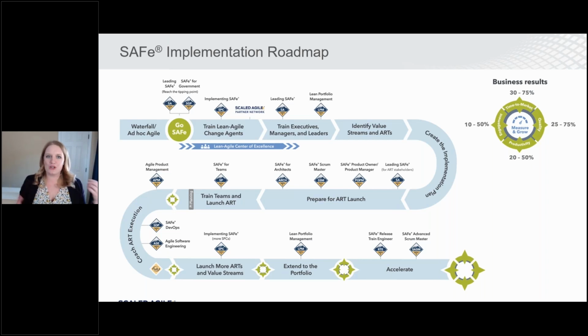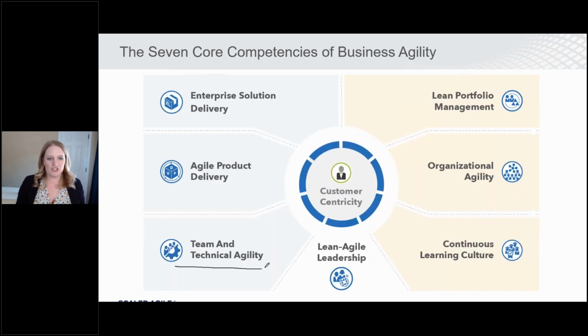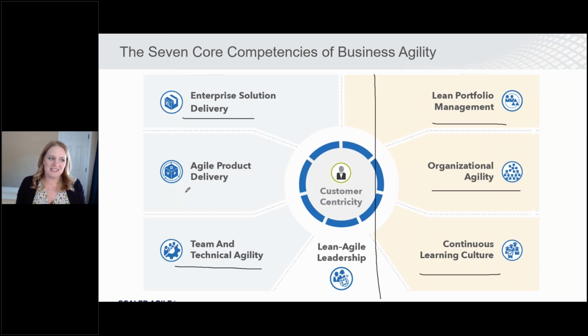We also want to look at all those other core competencies that we saw, because remember, we have team and technical agility as well as organizational agility, but we also have several other strategy-focused core competencies that we want to master, as well as execution core competencies to achieve true business agility.